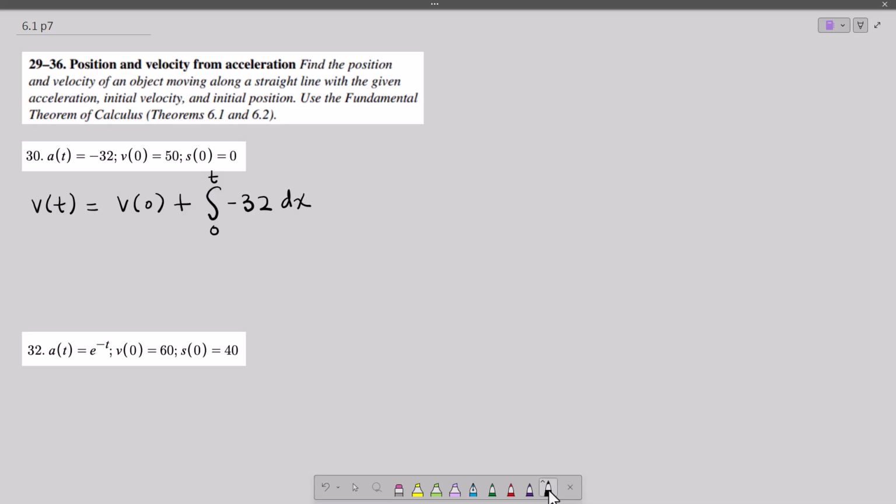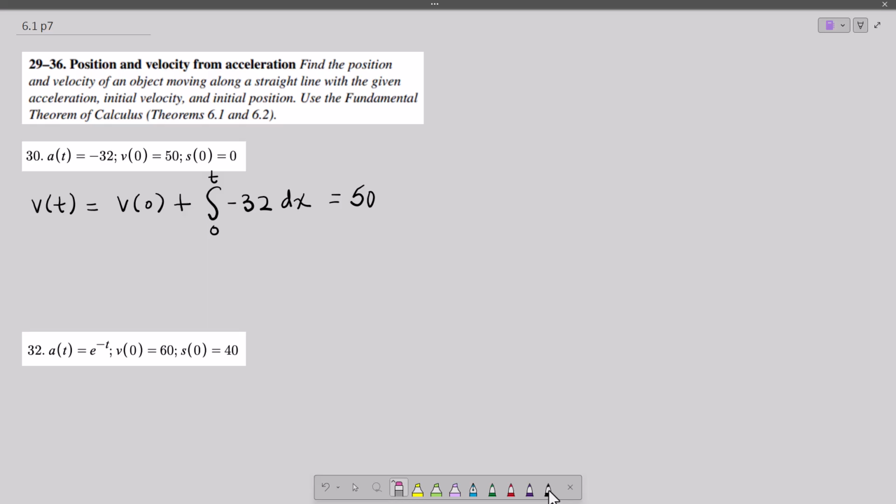And we can just truck on. This method with the fundamental theorem of calculus is nice because you don't have to go substituting back like we did with the other method. So 50. What's the antiderivative for negative 32? Negative 32x. Right, if you integrate a constant, you just use whatever your variable is.